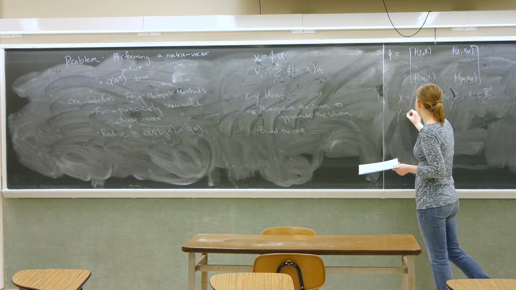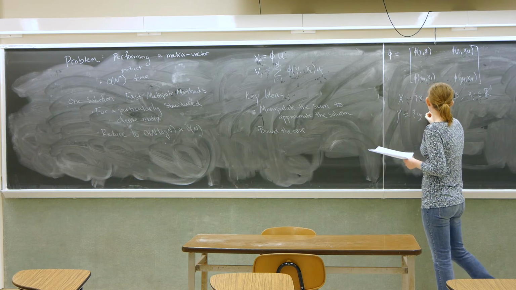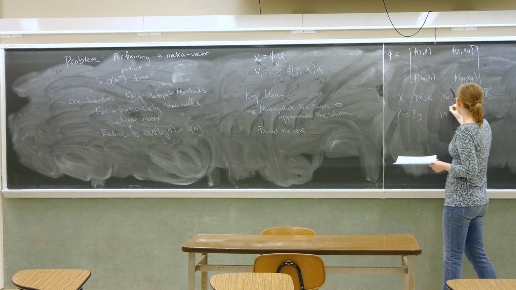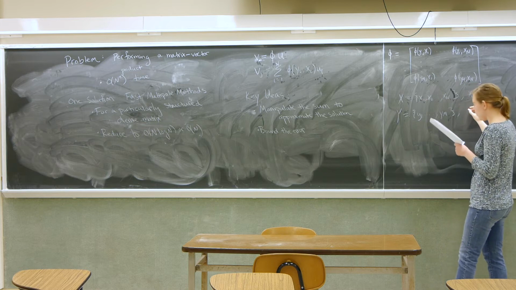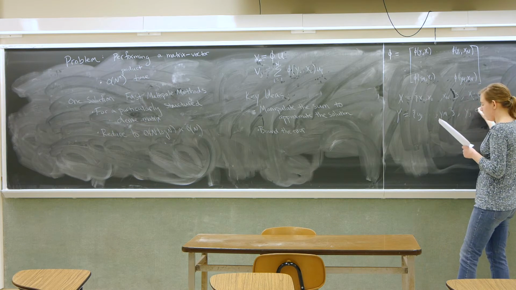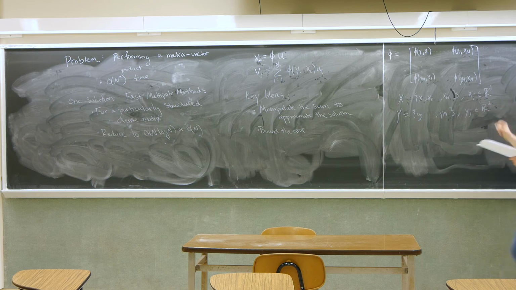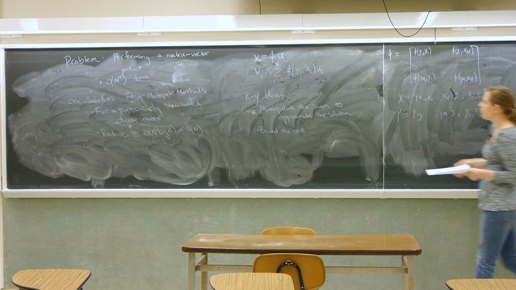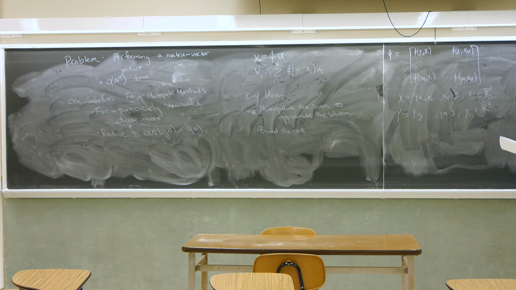And then also y is the set y1 through ym, where the yj are in the same space. And phi we also call the kernel function in this context.